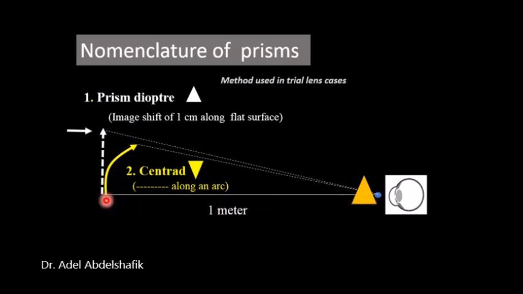As you can see here, being a curved surface, the distance is always fixed from the prism to the surface, which is not the case with the flat surface in the prism diopter. So centrad is more accurate. But in ophthalmology, we can use prism diopters and it's still accurate because we are using low power prisms.